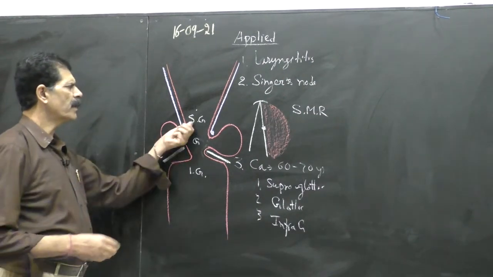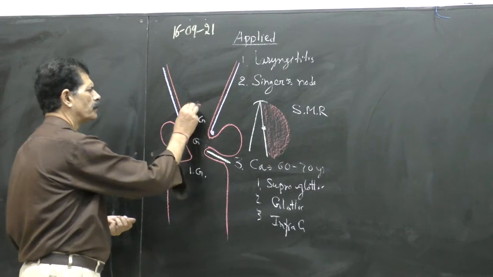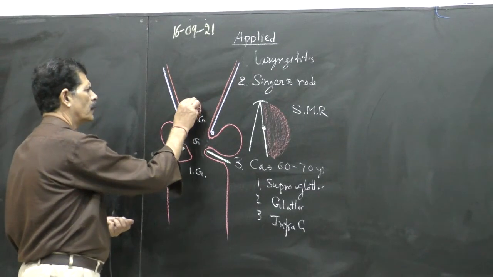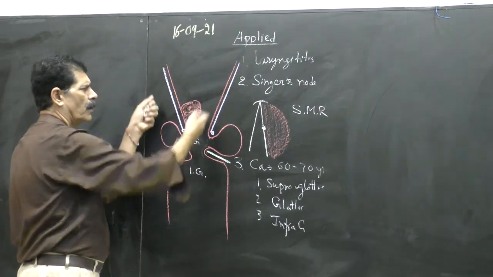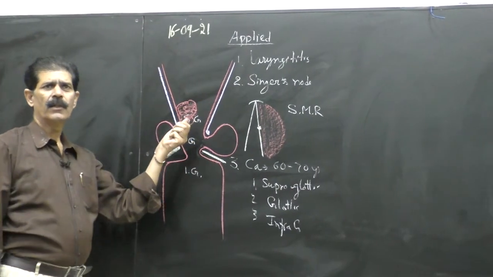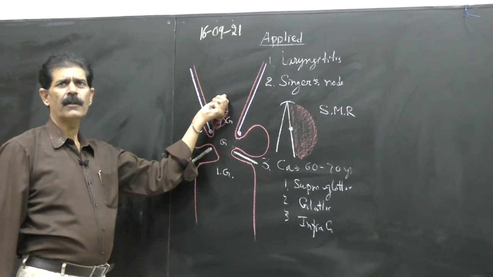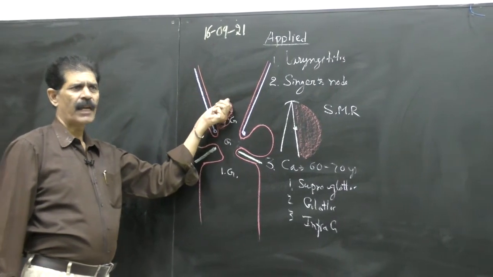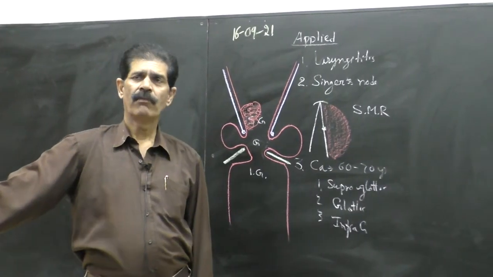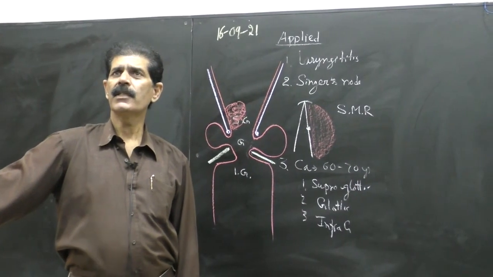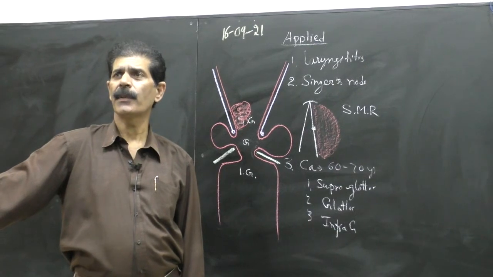If the tumor is supraglottic type, this is the vestibule, a large space, so the tumor can grow without any obstruction. These cancer cases are reported very, very late. When the growth has reached the third or fourth stage, then the patient comes.